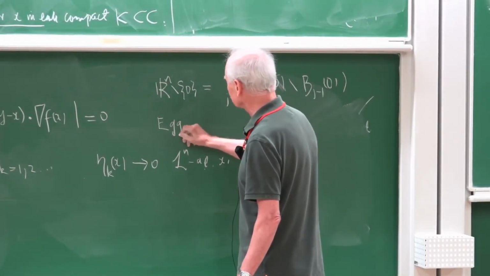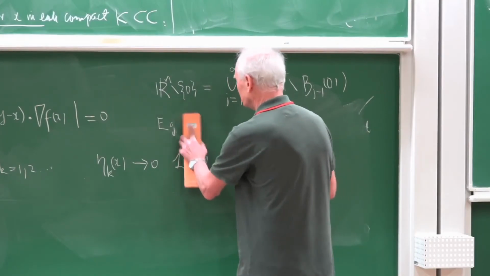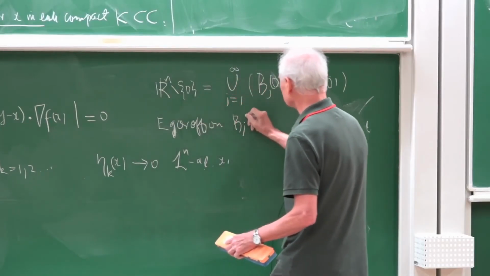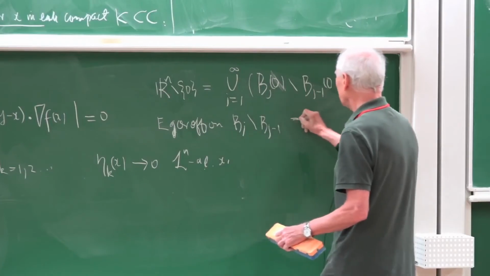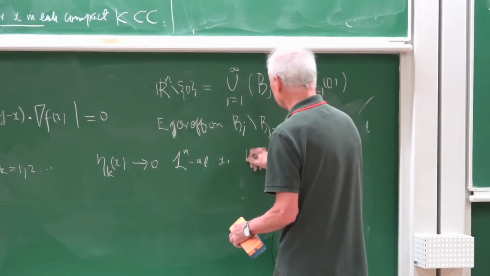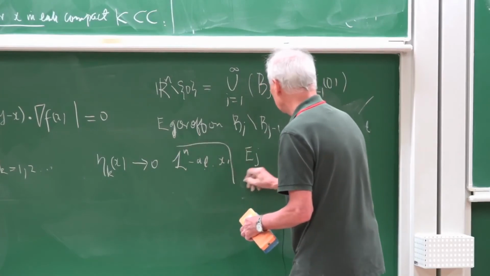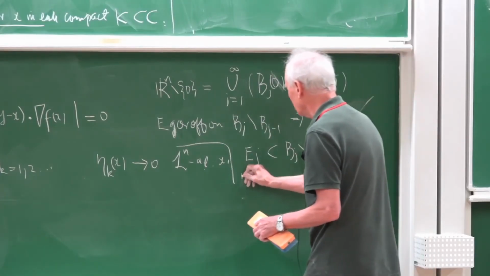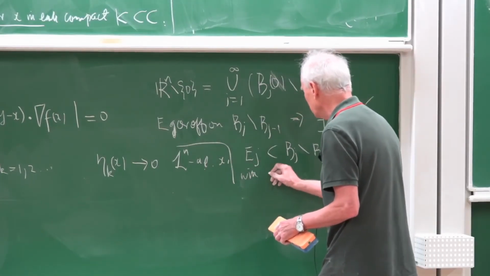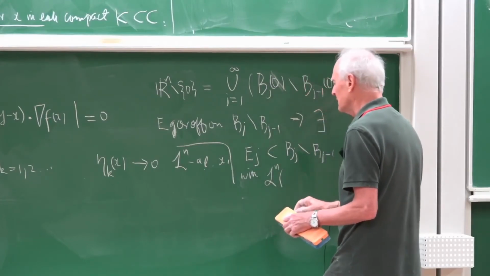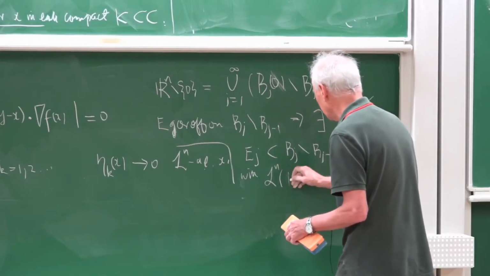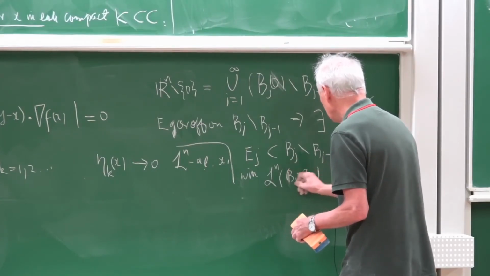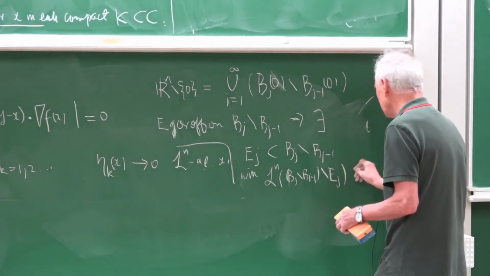So Egorov on Bj minus Bj minus 1 implies that there exists a measurable set Ej contained in Bj minus Bj minus 1 with the measure Ln of (Bj minus Bj minus 1) minus Ej less than epsilon.